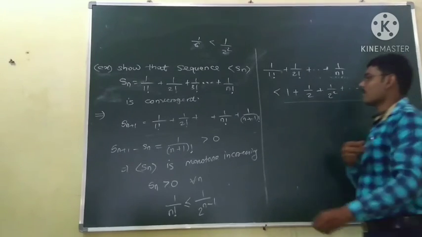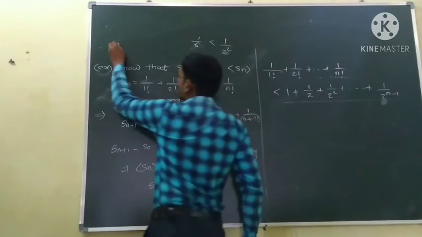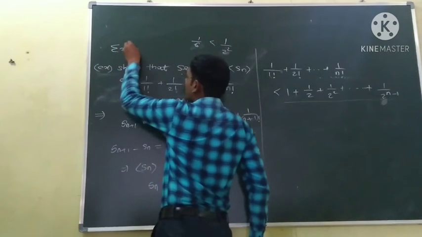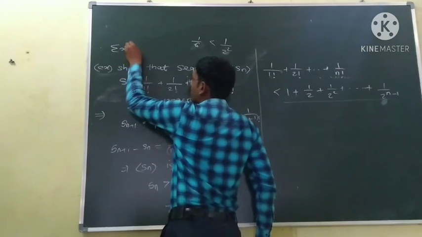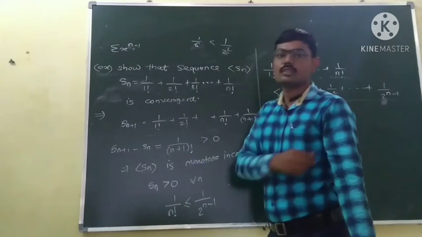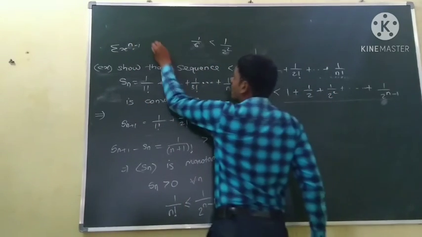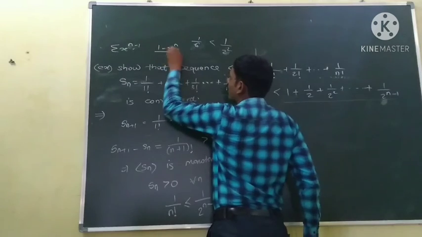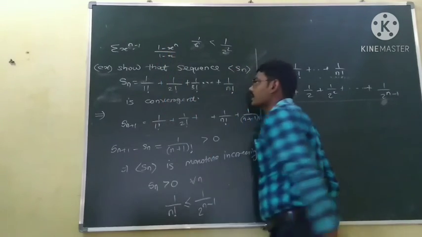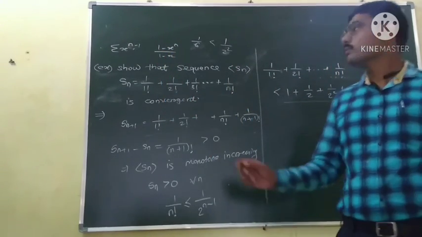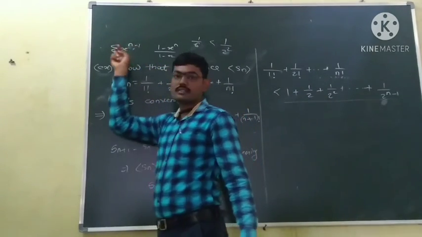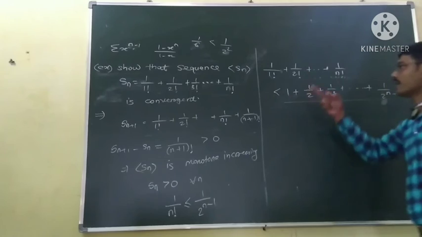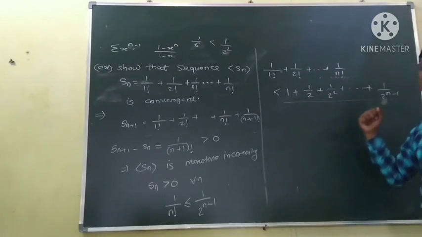The summation formula for the geometric series 1 plus x plus up to x to power n minus 1 is nothing but 1 minus x to power n upon 1 minus x. This is the sum of the first n terms of the geometric series with common ratio x. Here x is 1 by 2.